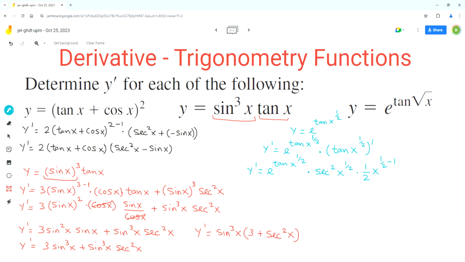Now we can simplify this expression. In the e term, we can change the rational exponent half back to square root, and we can do the same in the secant square term.